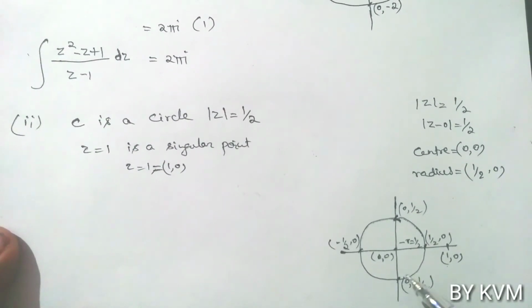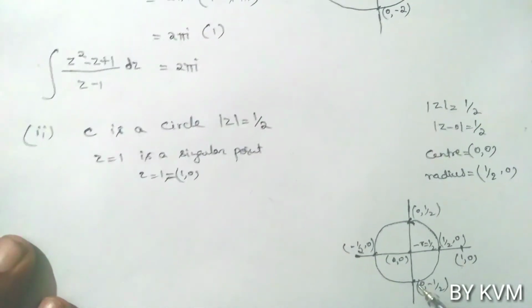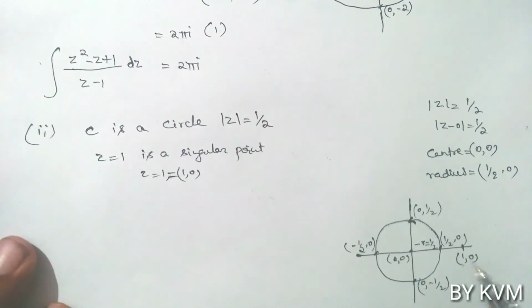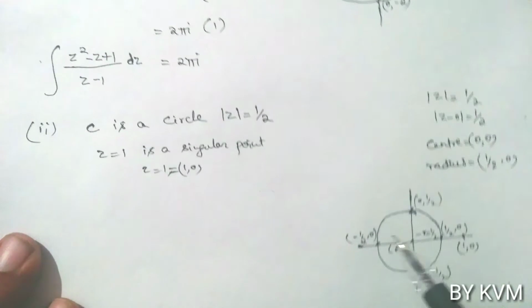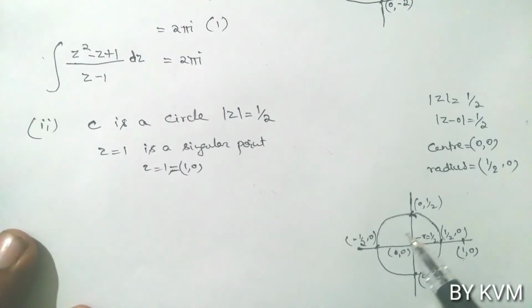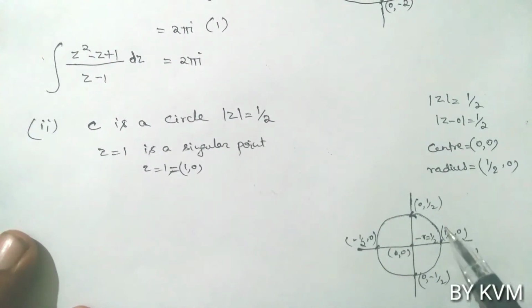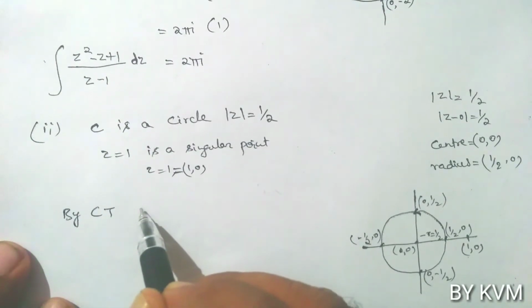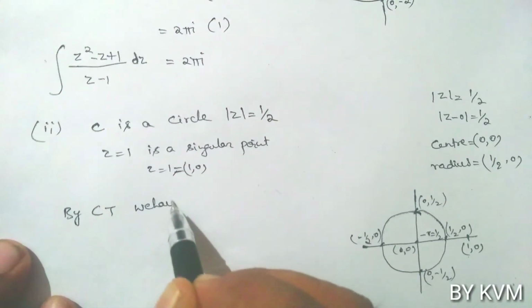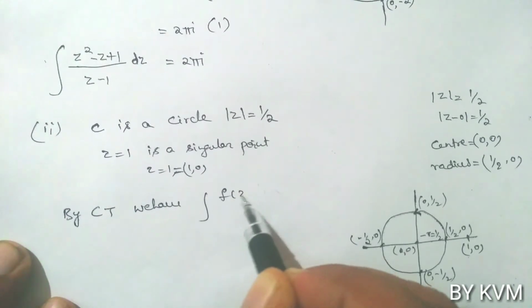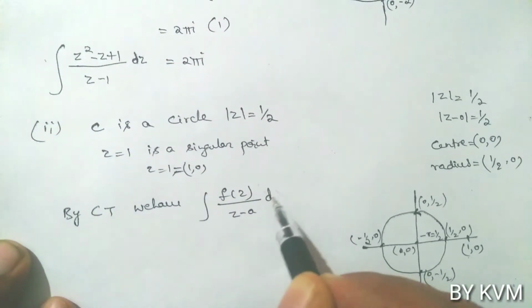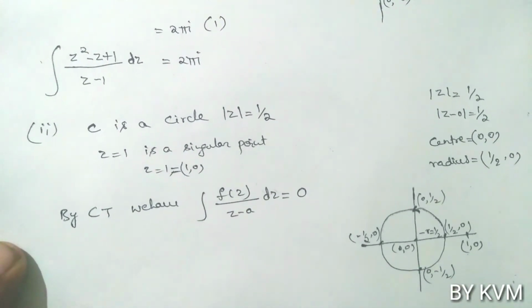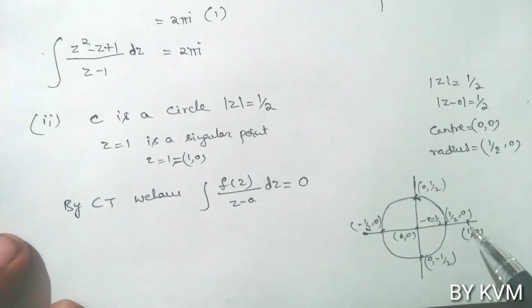Therefore here we have to apply Cauchy's theorem, not Cauchy's integral formula, because the singular point lies outside. So what does Cauchy's theorem say? If f of z is analytic inside and also on the closed curve C, then by Cauchy's theorem we have the integral of f of z by z minus a dz equal to 0, because the singular point lies outside the circle.